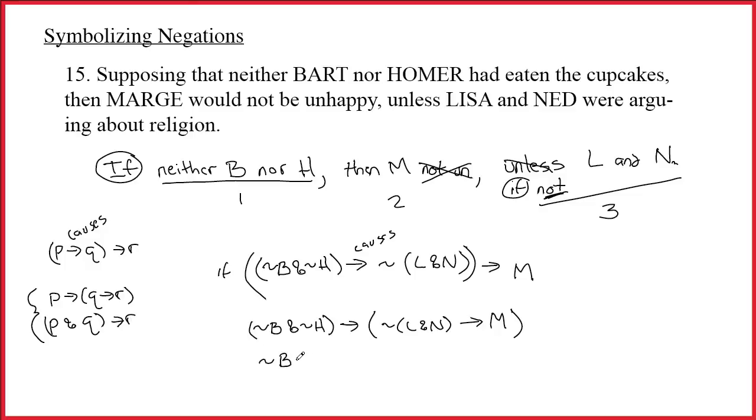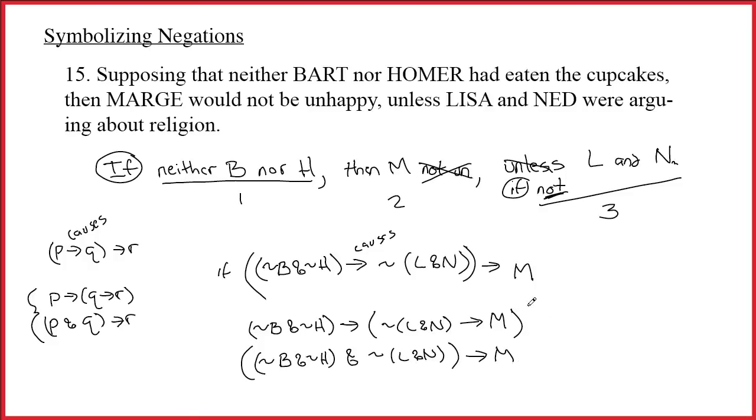We say tilde B and tilde H. That's the P part. We turn that first arrow into an ampersand, and then we bring down the Q part, tilde L and N. Then all of that goes in parentheses, arrow M. So it reads as: if neither Bart nor Homer had eaten the cupcakes, and Lisa and Ned were not arguing about religion, then Marge would be happy.